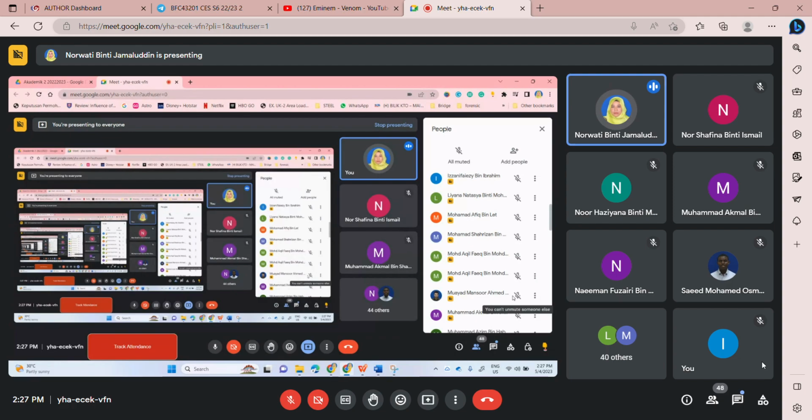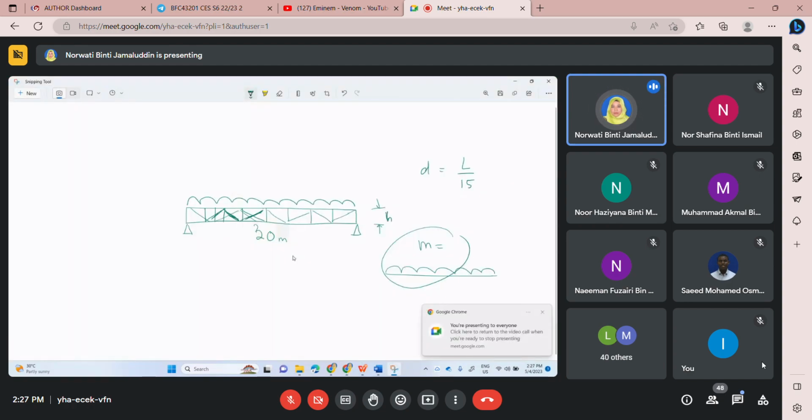And did you notice that for truss member, it should carry only axial force? Perasan tak? Sepatutnya should only carry axial force, daya paksi. But if you have point load in between nodes, in between nodes like this one, this is a node, then you have point load in between nodes.